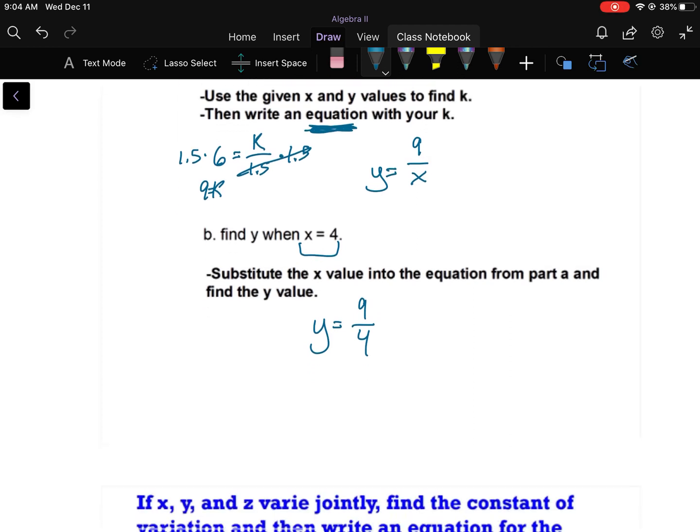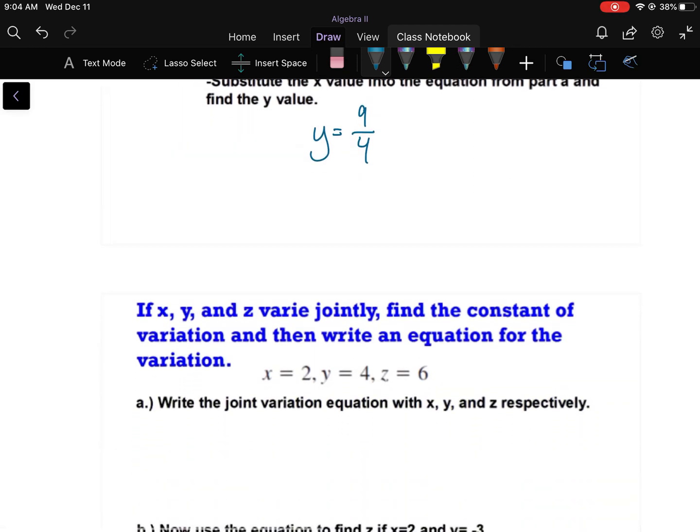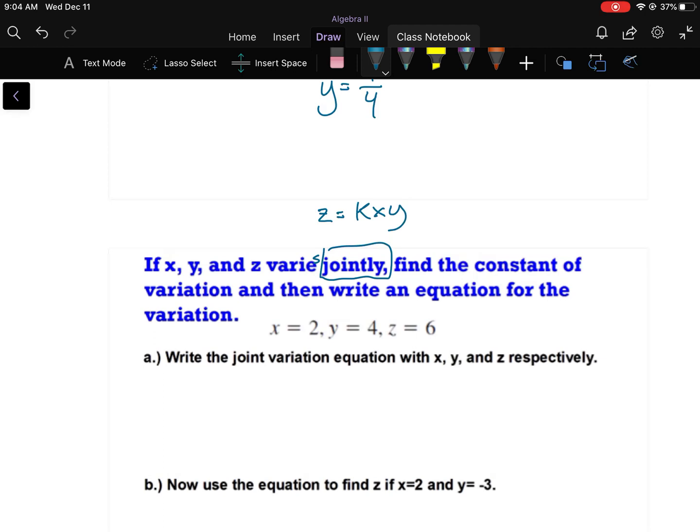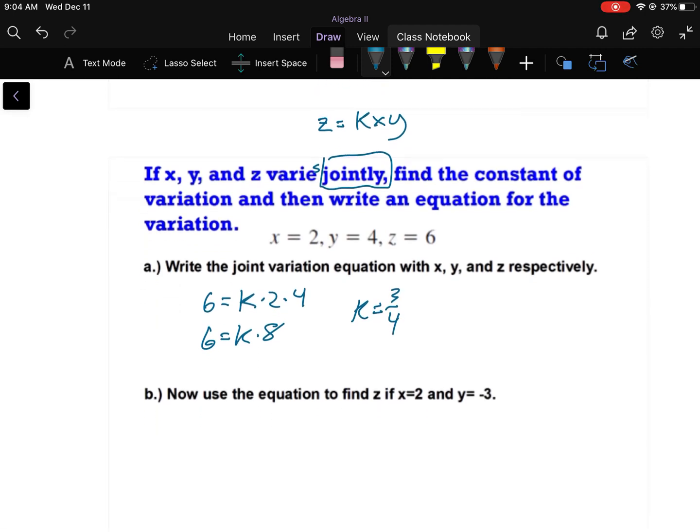It's very much how we wrote the equation of a line. Varies jointly, forgot the s there. So z equals kxy. I'm going to plug in these three values, and the reason why I'm giving these numbers is to find the value of k. So 6 for z, 2 for x, 4 for y. So 6 equals k times 8. k is equal to 6 over 8, or 3/4.